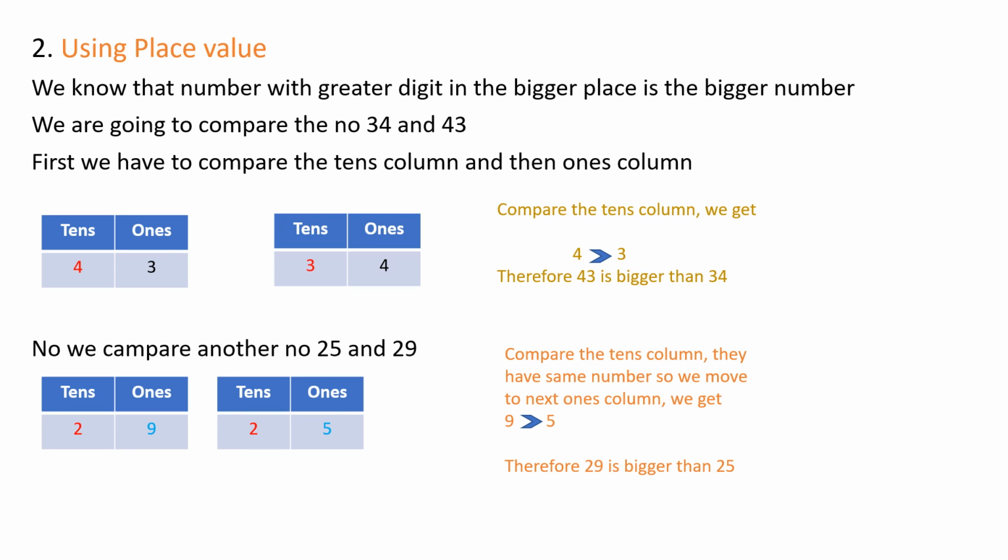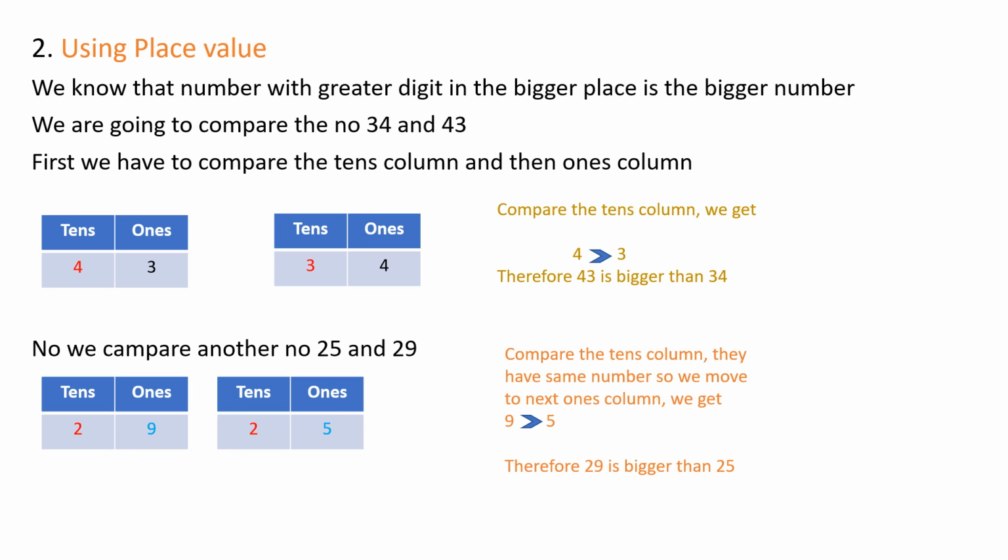When we compare two-digit numbers, always look first at the tens column, and if they have different numbers, see which one is bigger and which one is smaller. The bigger one will be the bigger number, and the other number will be the smaller number.